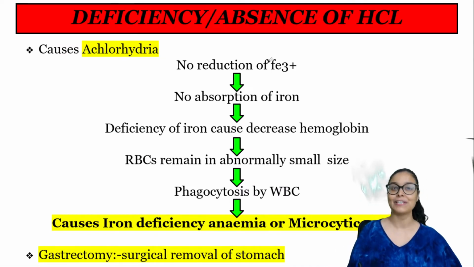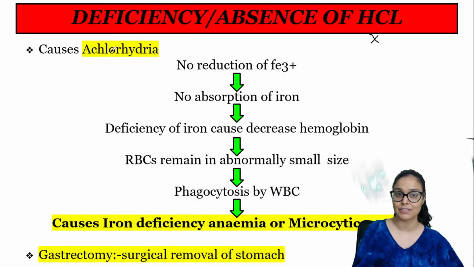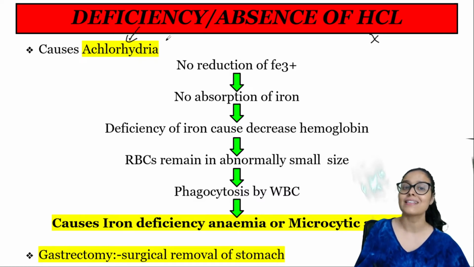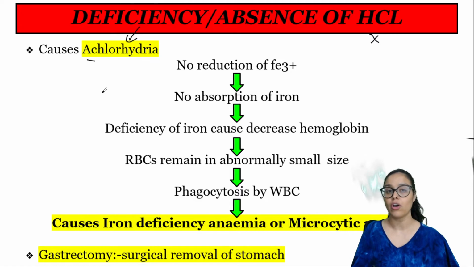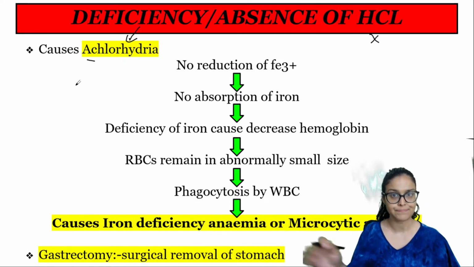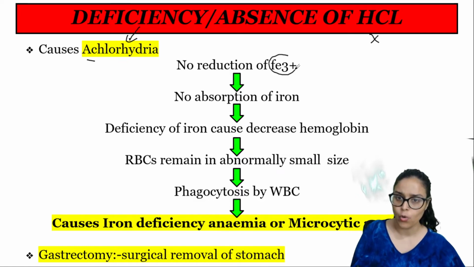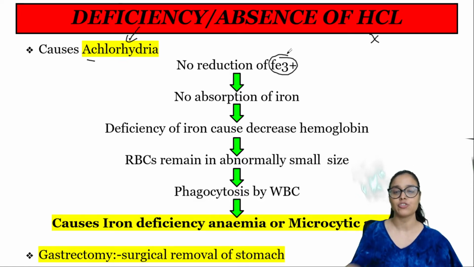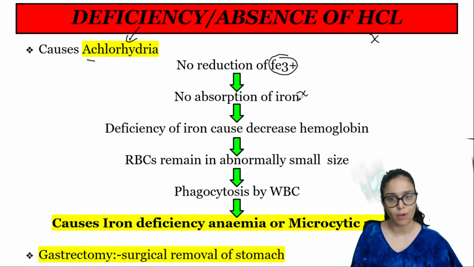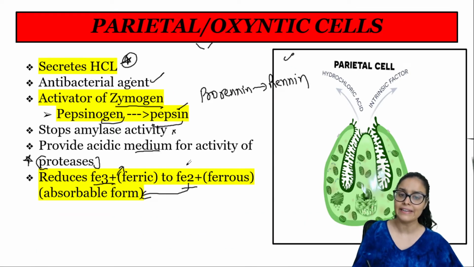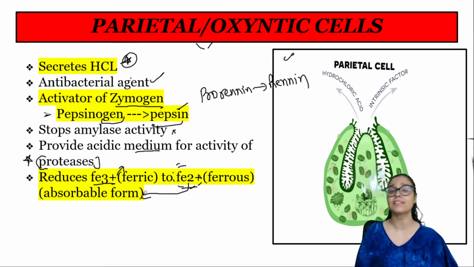What will happen when there is a deficiency of HCl? That will cause achlorhydria. Achlorhydria means absence of HCl. When there is absence of HCl, obviously there is no reduction of ferric iron into ferrous iron, so no absorption of iron will happen in our body, because to be absorbed it has to be converted into this form.